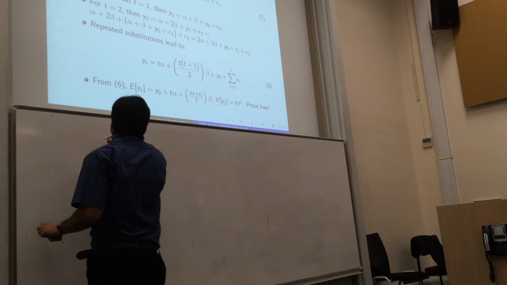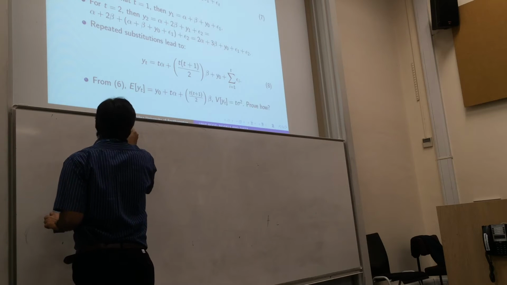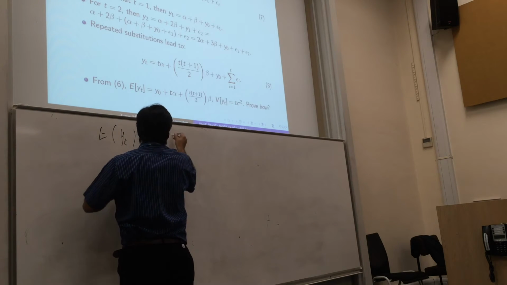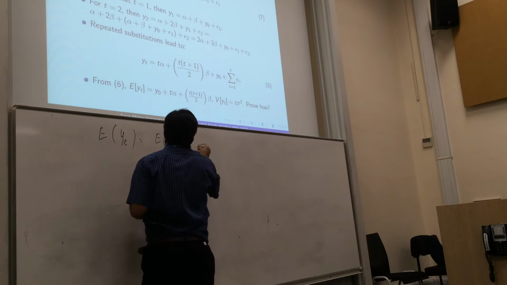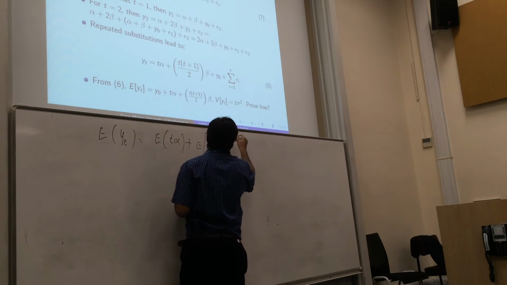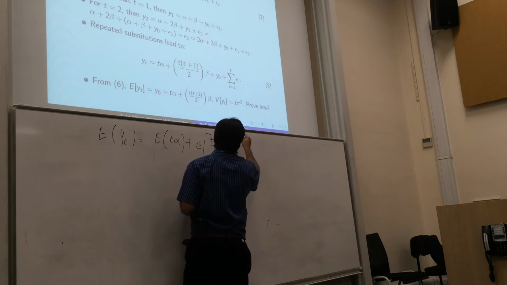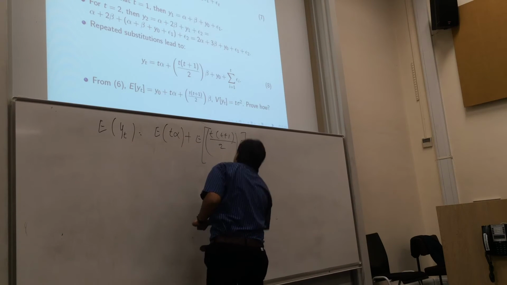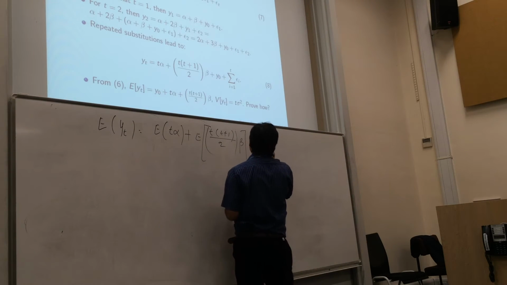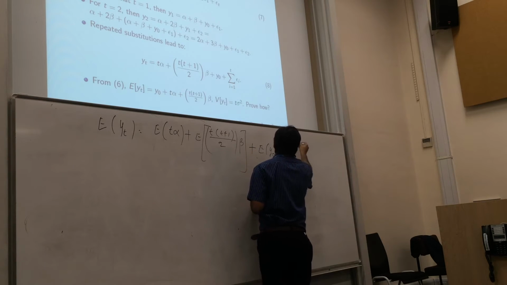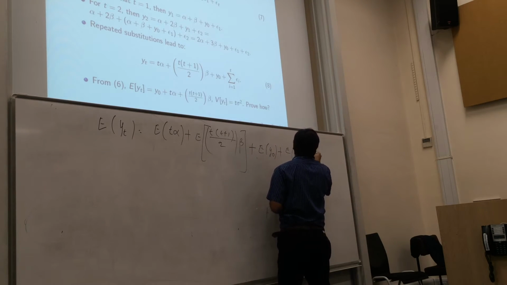So once again, take expectation of y. The mean will be expectation of T alpha plus expectation of T times T plus 1 by 2 beta, and then expectation of 0 plus expectation of the sum of epsilon.